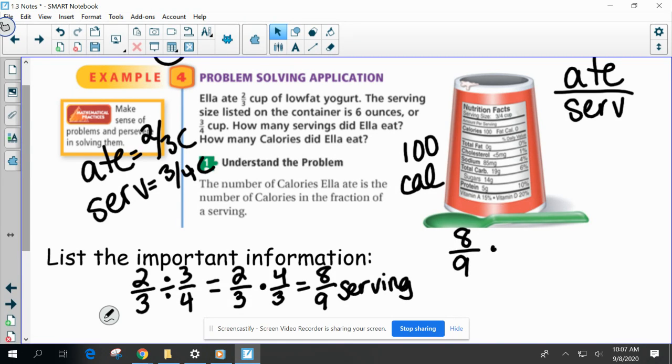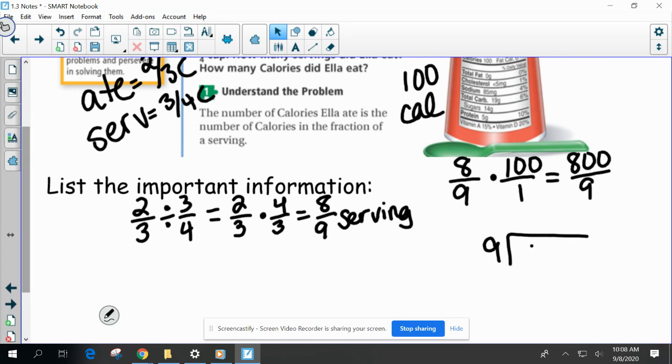So 8/9 times 100. We can put it over 1. So that would be 800 over 9. Can I simplify that? Or let's set up long division.